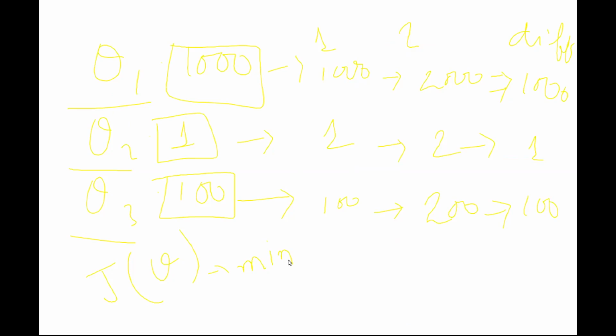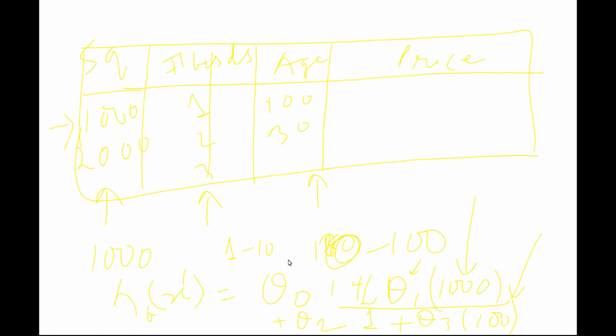So just assume we started with all theta values as 1. Theta 1 as 1, then theta 2 as 1, then theta 3 as 1. So what will happen? This term will become 1000, this will become 1, and this will become 100.